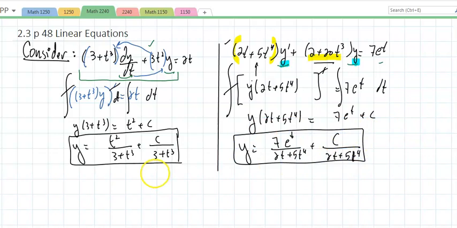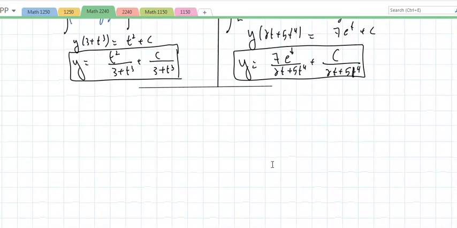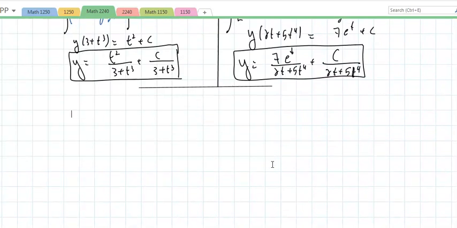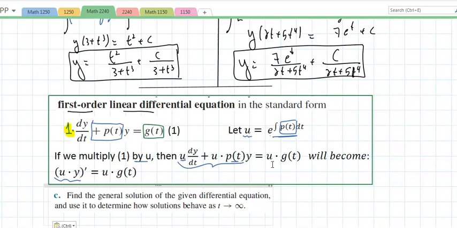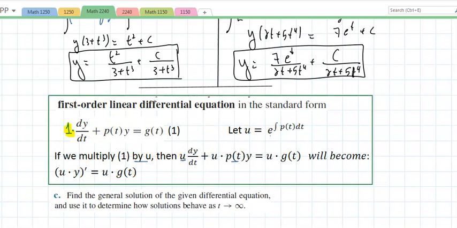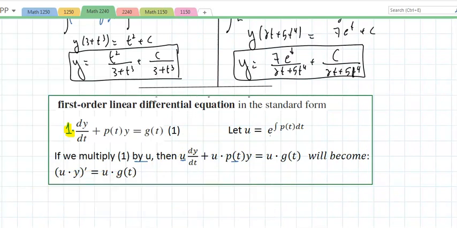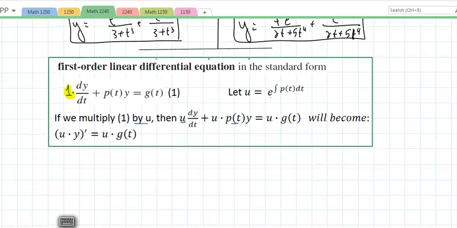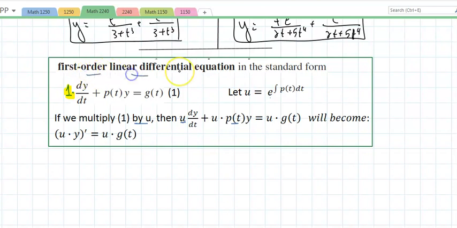Well, guess what? It turns out if you are looking at a first order linear differential equation, the key is to make sure that's a 1.